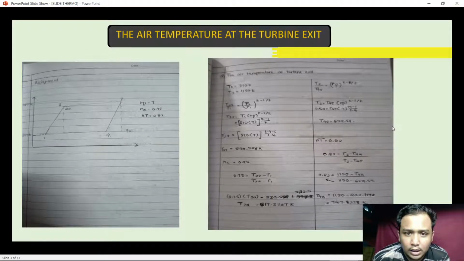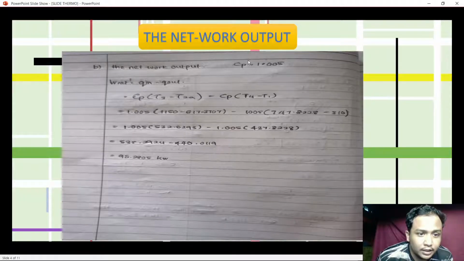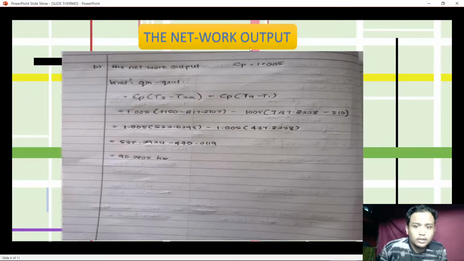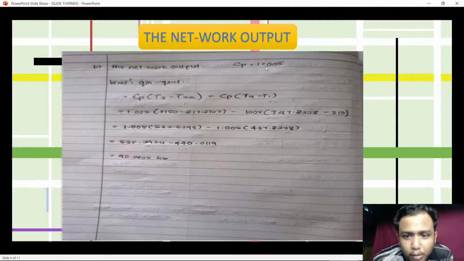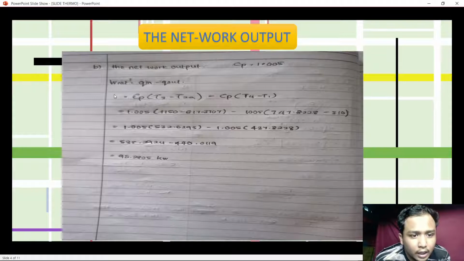Okay, next one. This is the answer of question B, where we have to determine the net work output. So the constant pressure Cp is 1.005. We use the formula W net equal to Q in minus Q out.